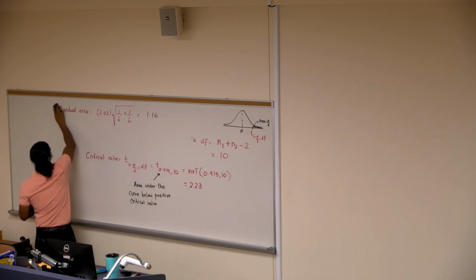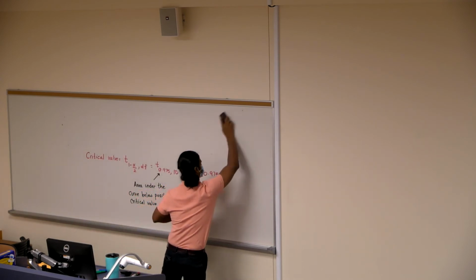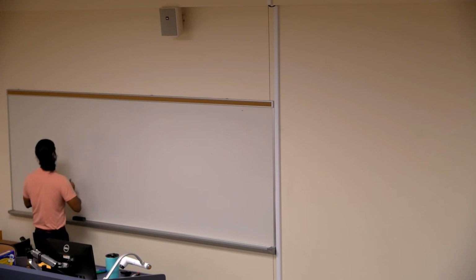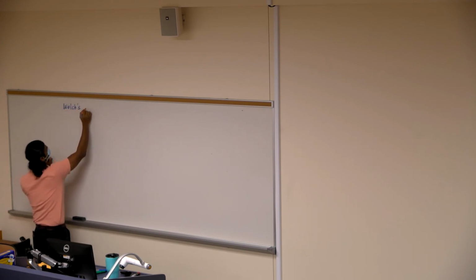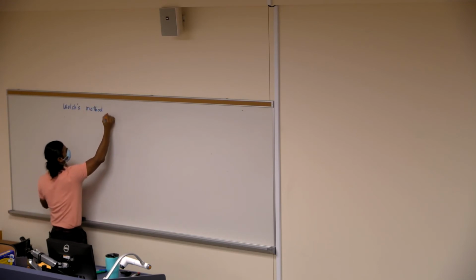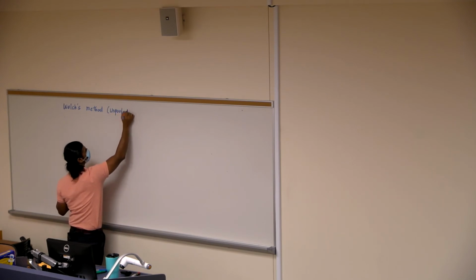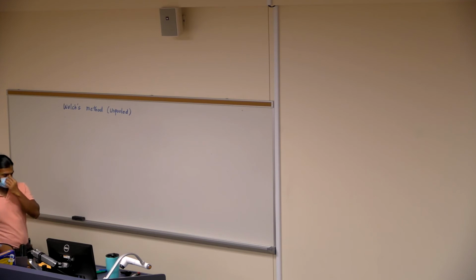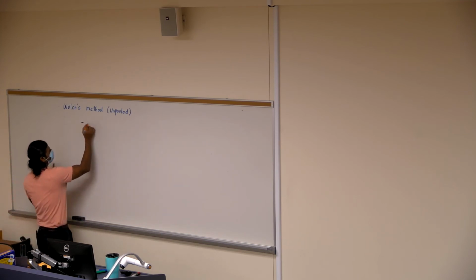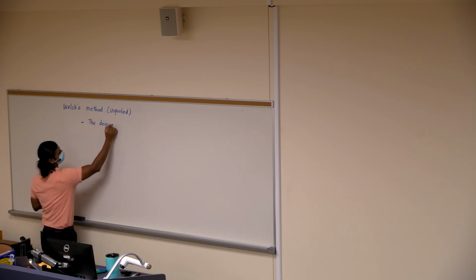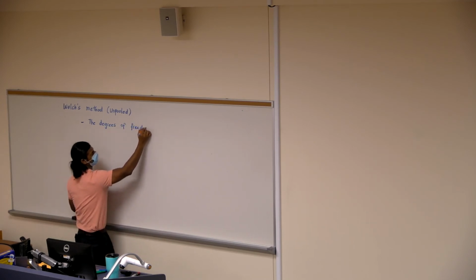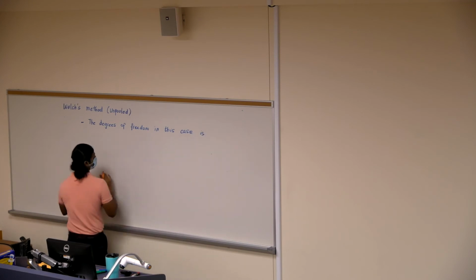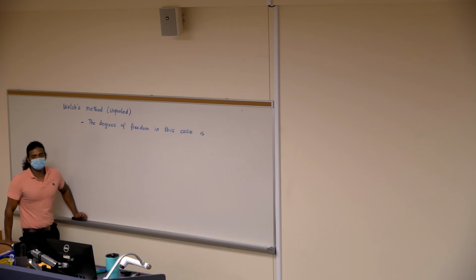Yes? Is unpooled a word? So Welch's method simply estimates the degrees of freedom. And it's a huge formula. You don't have to memorize the formula. All you have to do is put it in your cheat sheet.